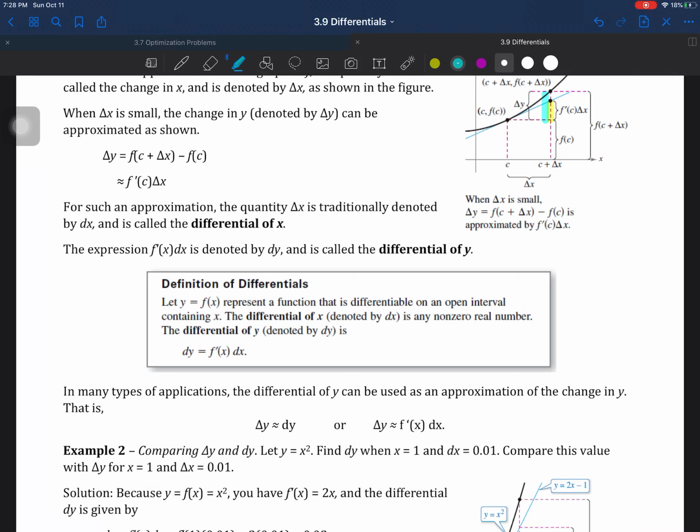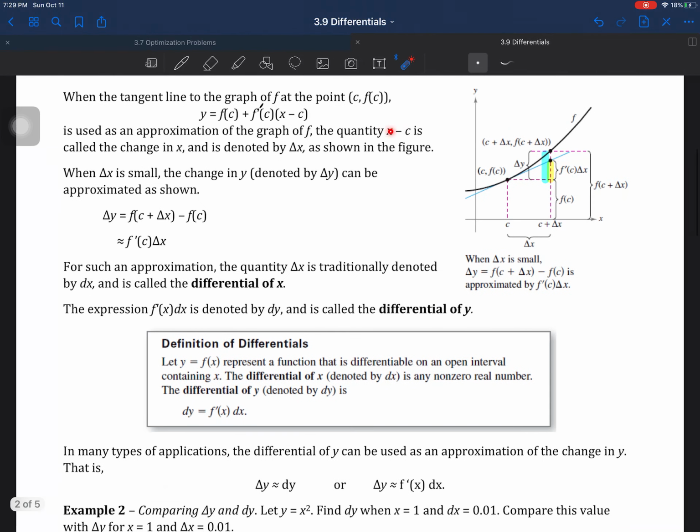So for such approximation, delta x is traditionally denoted as dx, and this is a differential of x. So the difference of x and c is delta x, but because it's very small, delta x is also going to be referred to as the differential of x.